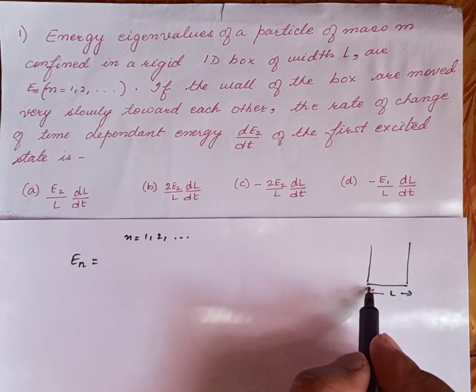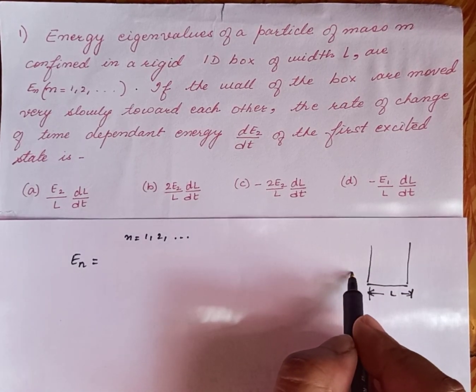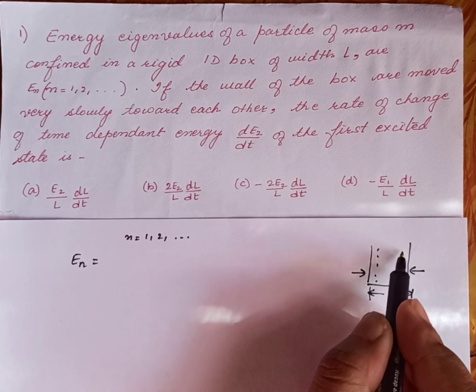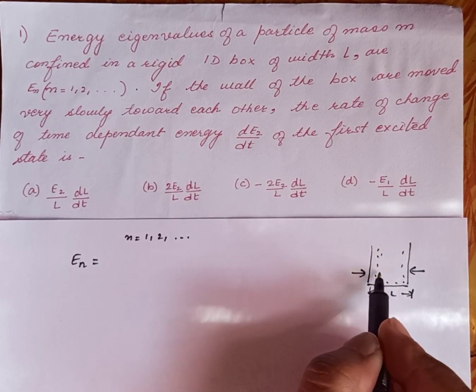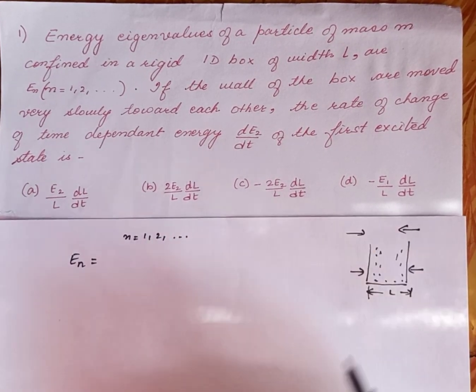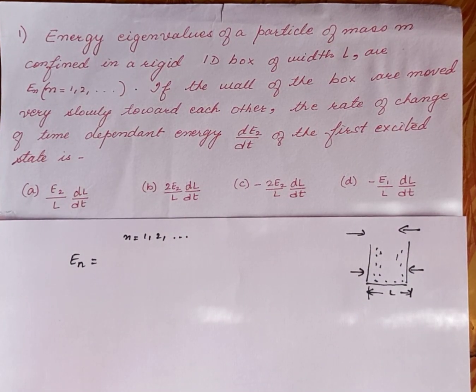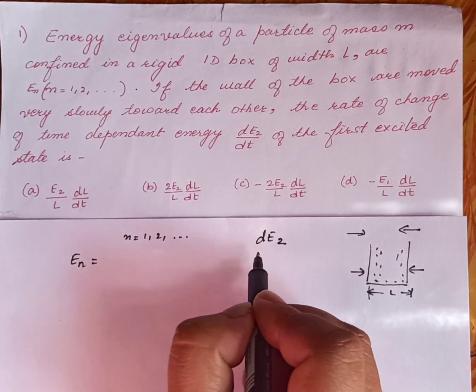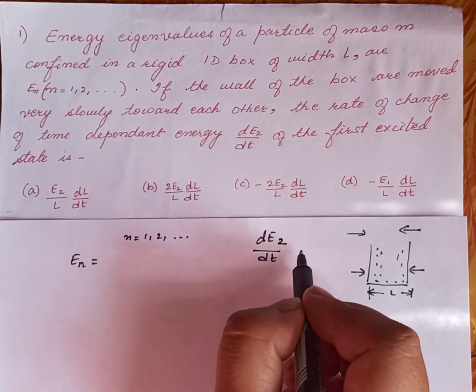It says that the walls of this box are moving towards each other, right? So with time they are gradually moving towards each other. What we need to do is find this dE2 by dt.